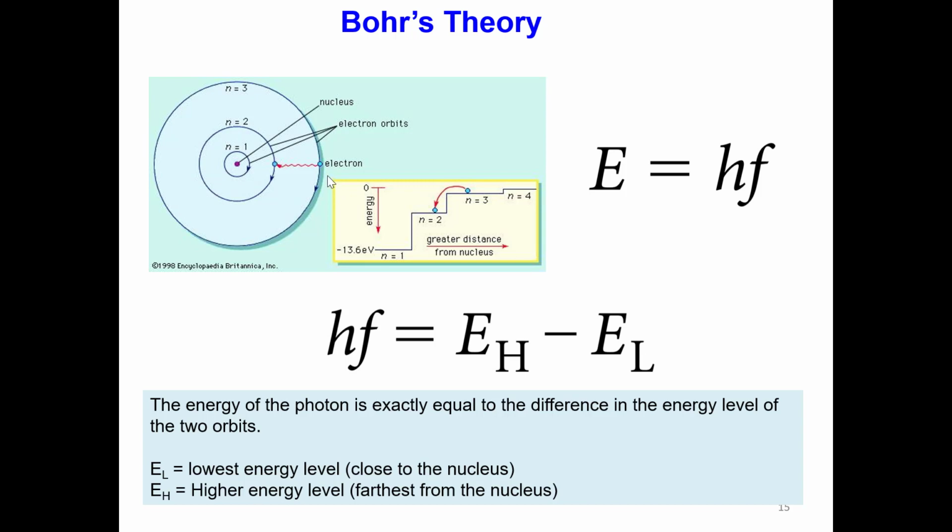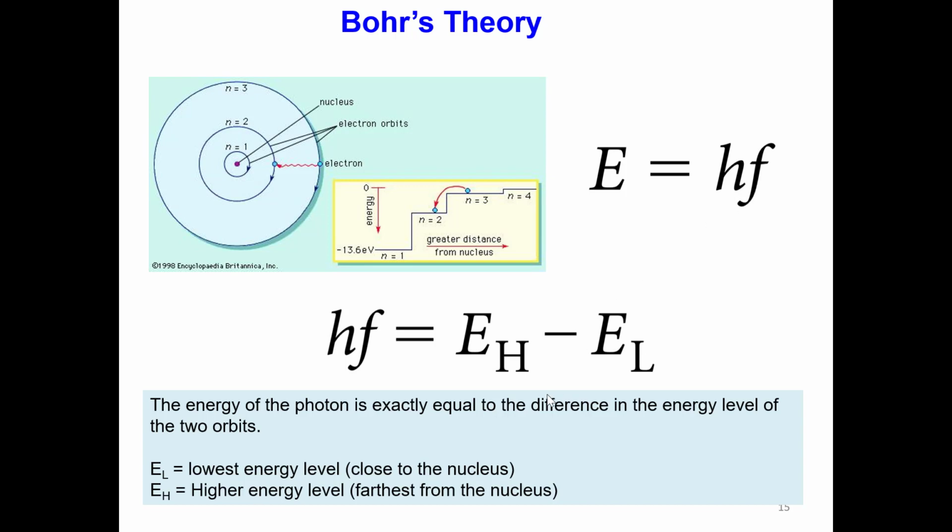The energy of that radiation equals the energy of the higher level minus the energy of the lower level of the orbits. If we combine this with the Albert Einstein equation, then the difference between the energy of these two orbits must equal the Planck constant times the frequency. Remember, energy equals h multiplied by frequency.